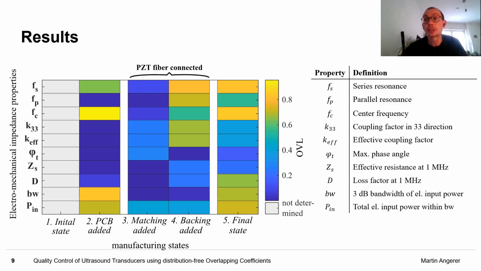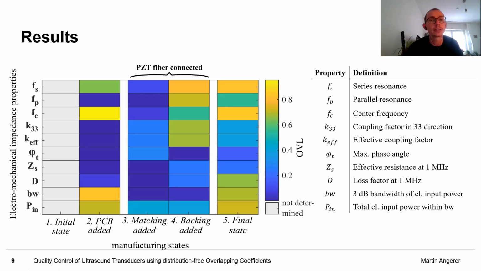For us, the best suitable property would be one which shows very high overlapping for adding just additional parasitics, as happened here in the second fabrication state or in the final state, because this means it exhibits low sensitivity to adding parasitics and so varying measurement conditions, but very high sensitivity when one of the sides of the PCT fiber is connected.